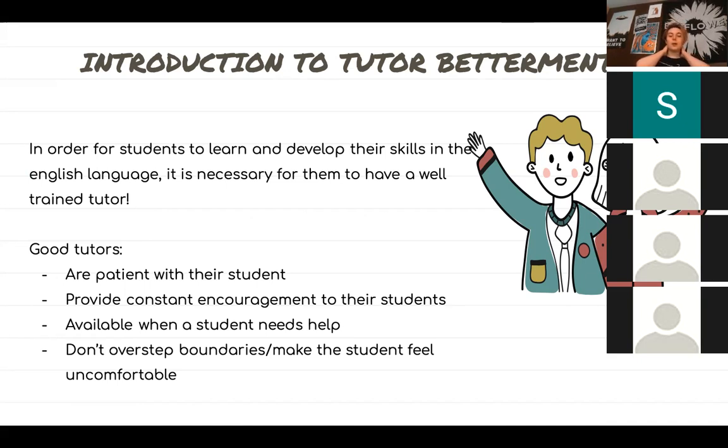Good tutors are patient with their student, provide constant encouragement, keep a very positive environment, are available when the student needs help, and do not overstep boundaries or make their student feel uncomfortable. Be very aware of boundaries. It's always nice to be close and friendly with your student, of course. Obviously, try to stay on task and work towards a goal in this professional environment.